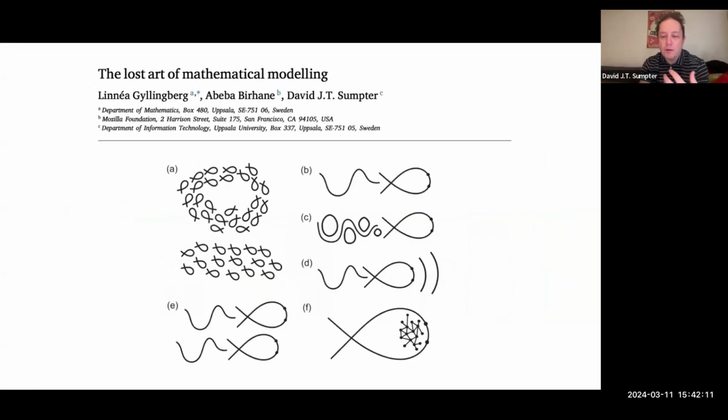What I've gone through there with football is something which I think is a more important, more general point. You can read about this in a paper I wrote with Lene Yellenberry and Abebe Bariane. We often think about how machine learning is replacing some of the art of mathematical modeling. If we go back to the fish examples, there are so many different ways of modeling fish. It's the same with football.